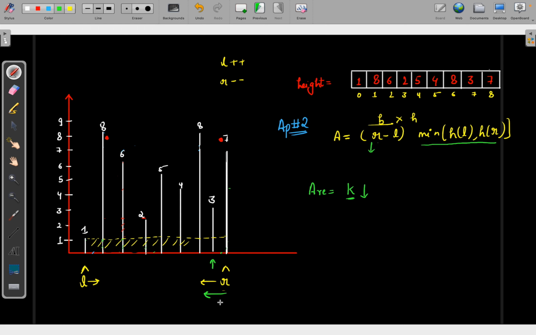So it is completely sure that if I am changing that pointer, suppose this is a certain height, and if I am moving this one, this is not affecting. Why? Because this height is not responsible for the water height.